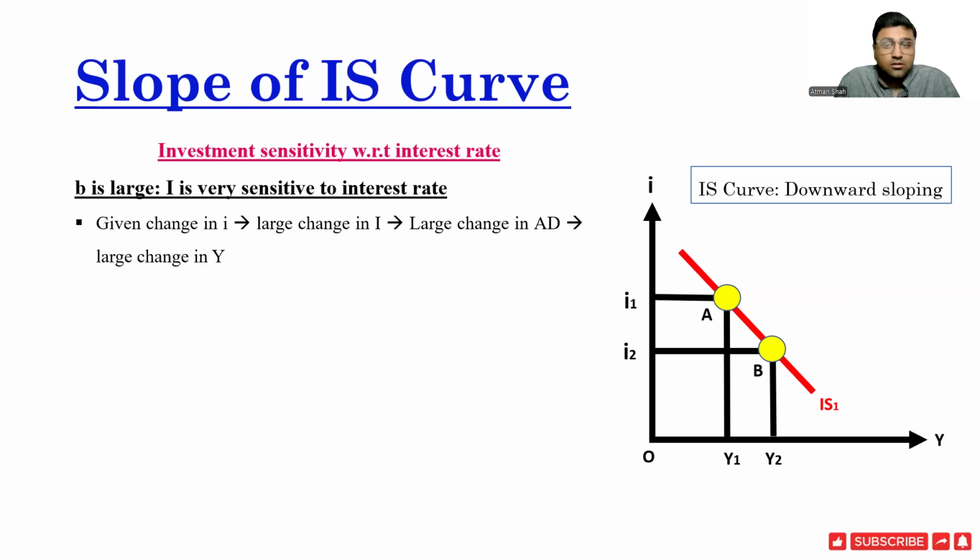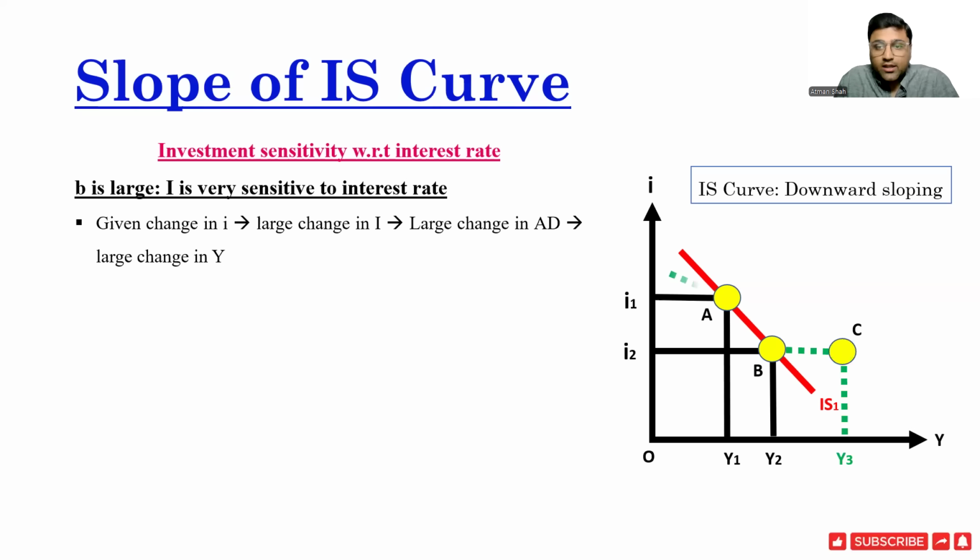So therefore, if you see the diagram, if the interest rate decreases from I1 to I2, that is the given change in I. Now, since B is large, the change in income is also large, from Y1 to Y3 instead of Y1 to Y2.